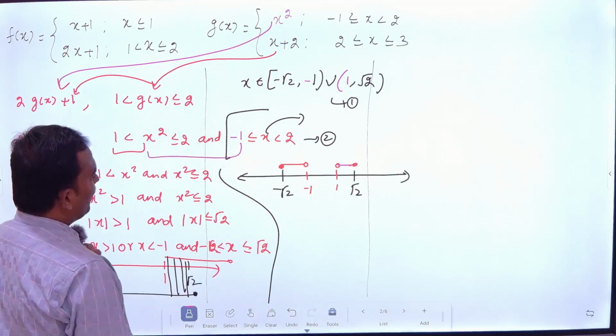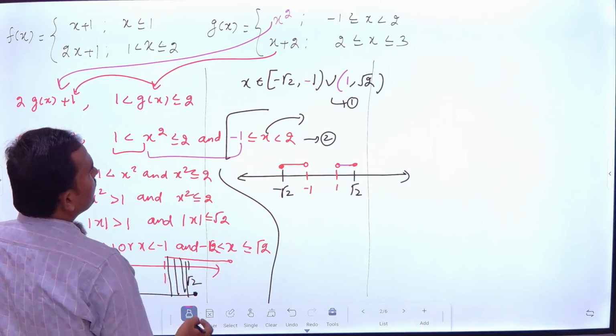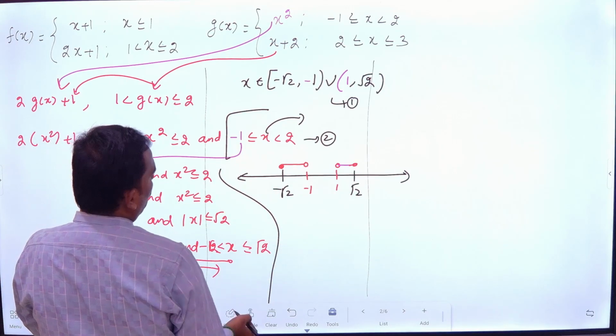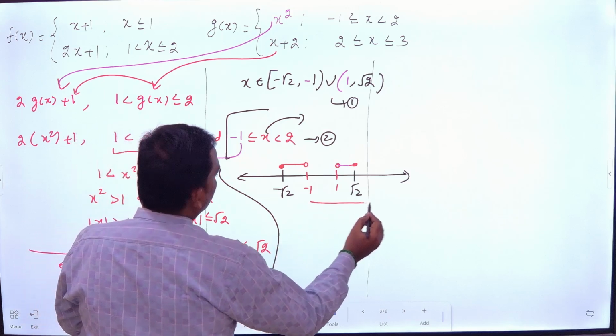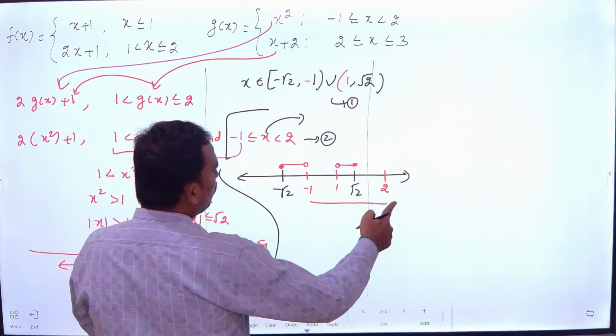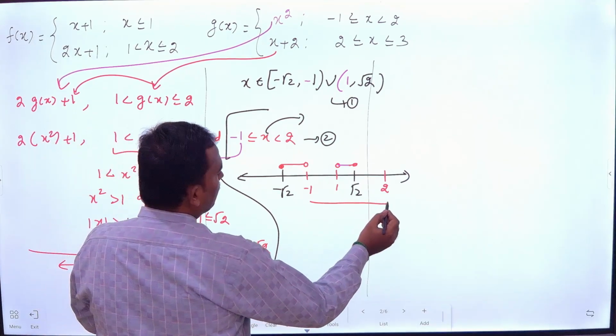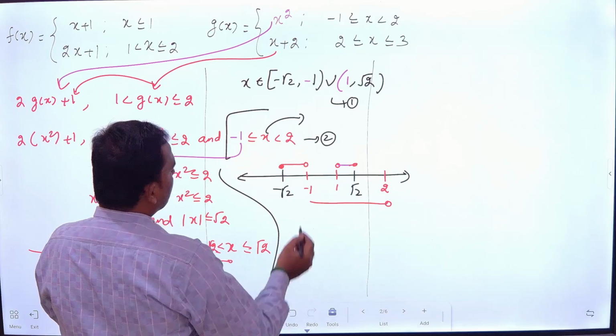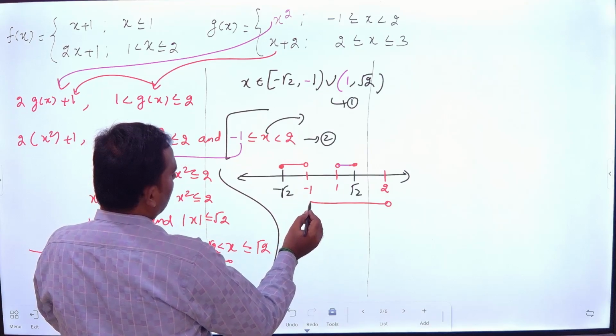Okay, fine. So next one, you can see x will be minus 1 to 2. Minus 1 to, let's take 2 here. 2 will be more than square root of 2, right? So I'm taking 2 is not included, and minus 1 will be included.